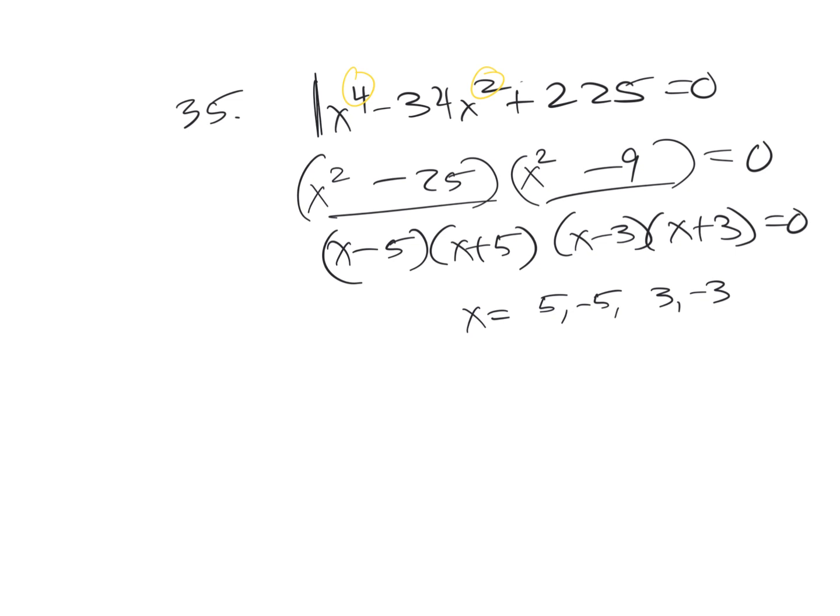All right. Let's do x plus the square root of 5x plus 19 equals negative 1.